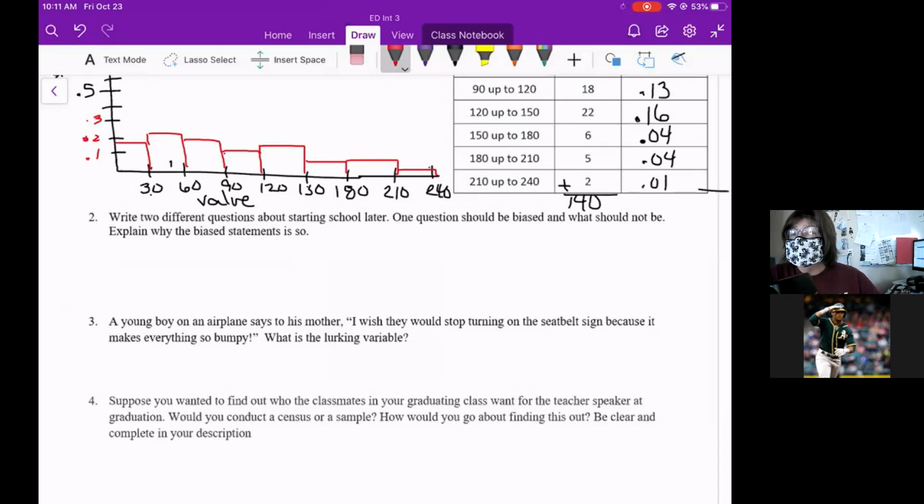Biased would be any words in there that would want to influence your reader or the person you're surveying. Getting more sleep. Studies show that teenagers need this many hours of sleep. Are you in favor of a later start time? Does that make sense? Anything that will cause influence is a bias.